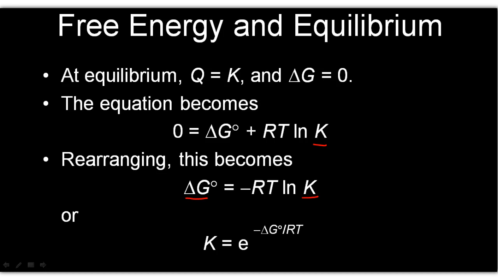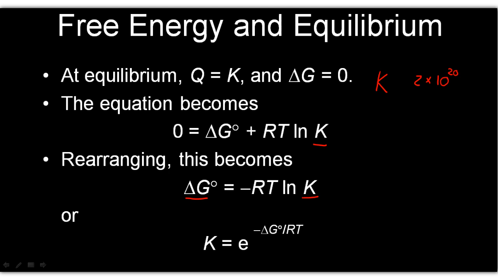So let's just say, for example, my K value is really large. Just make it up, like 2 times 10 to the 20th. What does that imply about equilibrium? It tells me that the reaction is going to very much favor the products, which means going in the forward direction, it's very spontaneous.